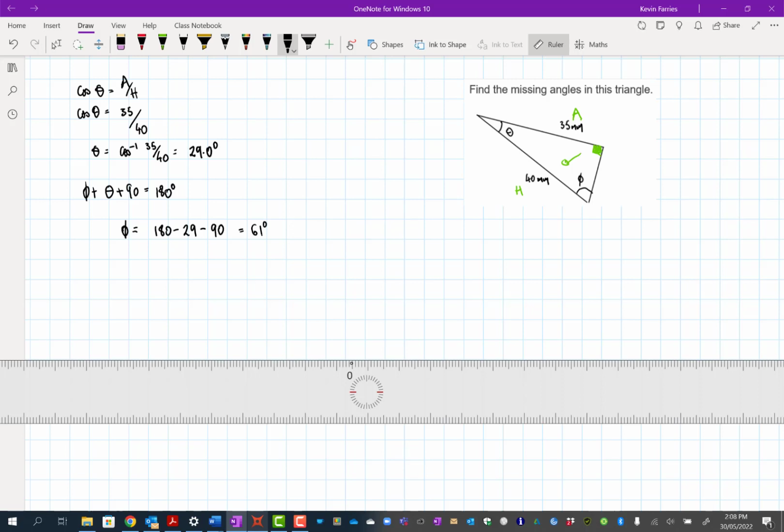Let's double check that. 61 plus 90 plus 29: 1, 10, 6, 7, 8, 9, plus 90 is 180.